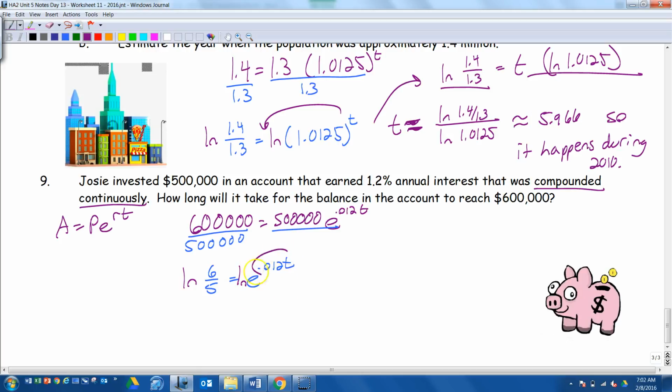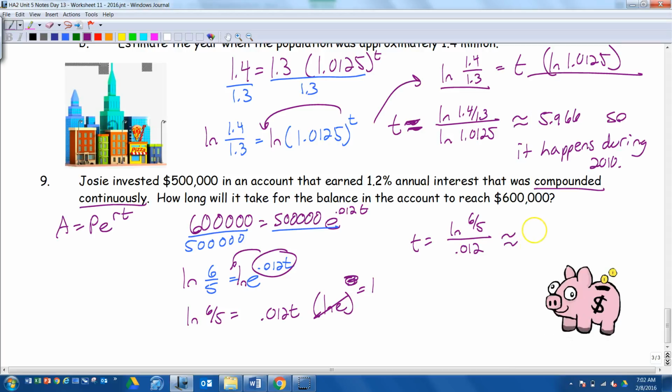The nice thing is the whole exponent comes down, and we get the natural log of 6/5 is equal to 0.012 t times the natural log of e, but you guys should know that this is equal to 1. So now all we have to do is divide by 0.012, so t is equal to the natural log of 6/5 over 0.012, which means it'll take 15.193 years.